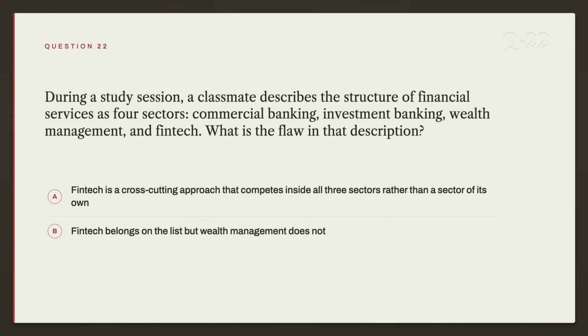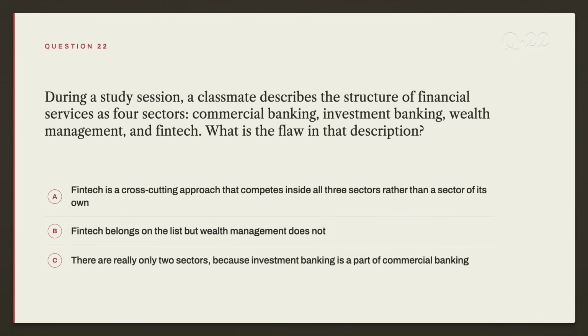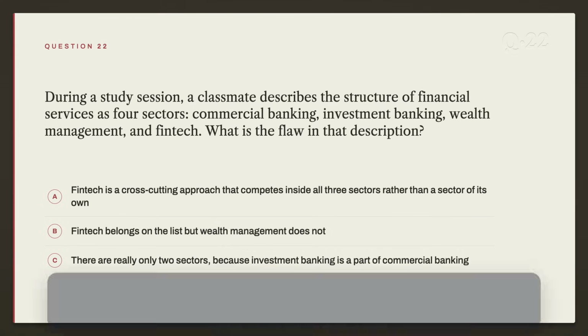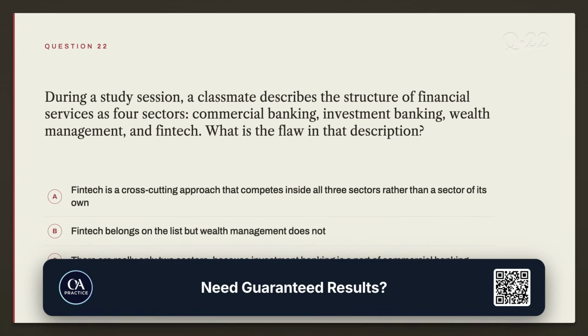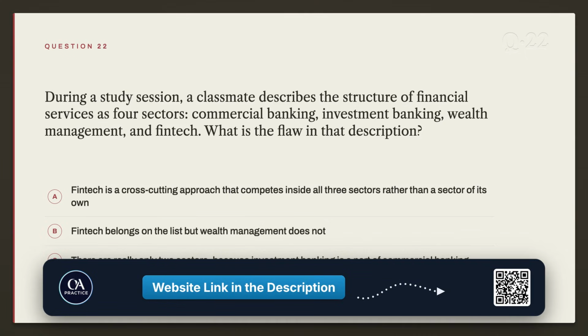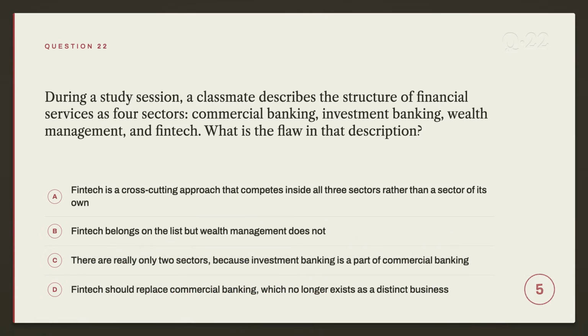B. Fintech belongs on the list, but wealth management does not. C. There are really only 2 sectors because investment banking is a part of commercial banking. D. Fintech should replace commercial banking, which no longer exists as a distinct business. Which would you go with? Lock it in before the reveal.